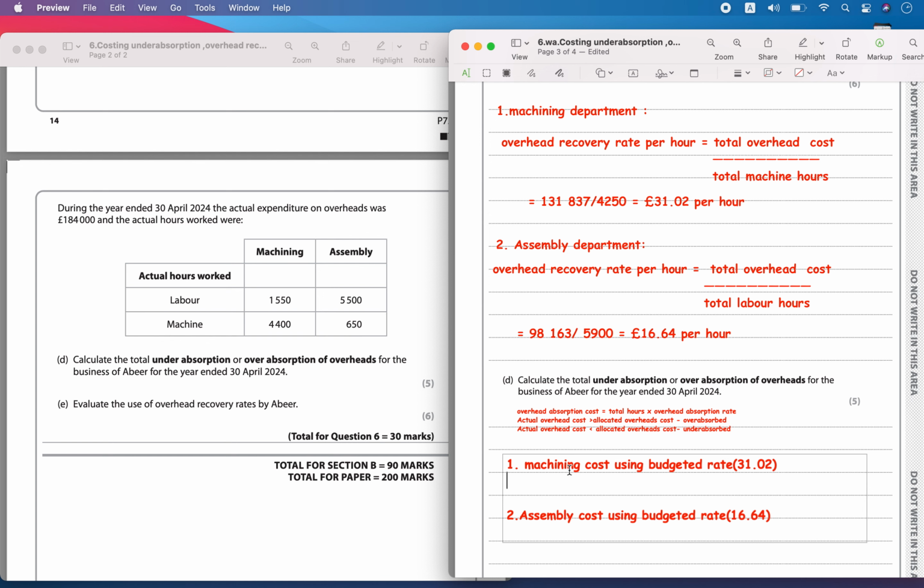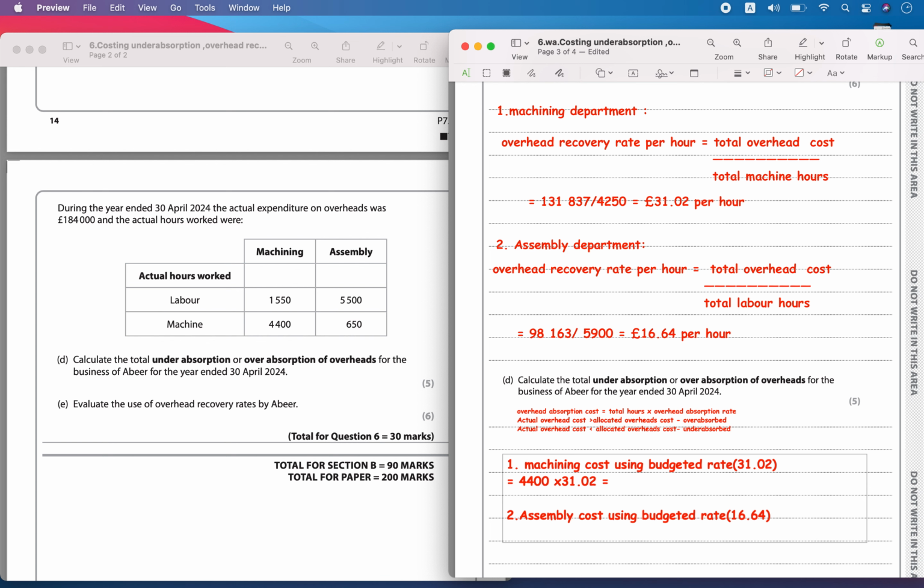Now let's calculate that. What should have been the machining cost using the budgeted rate? The actual hours worked were 4,400, and the rate I had to charge is 31.02.